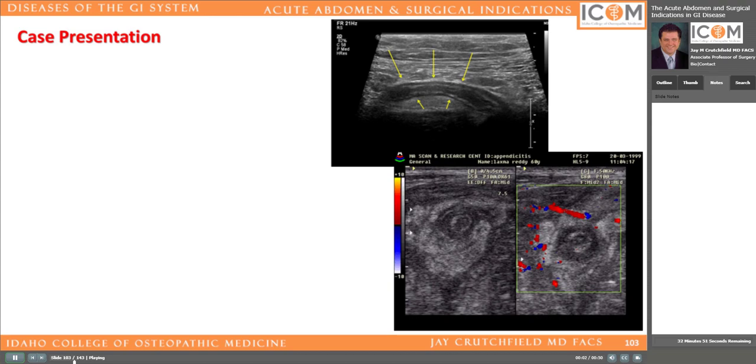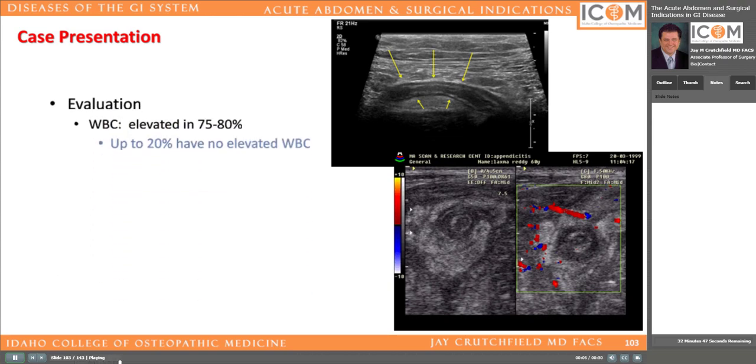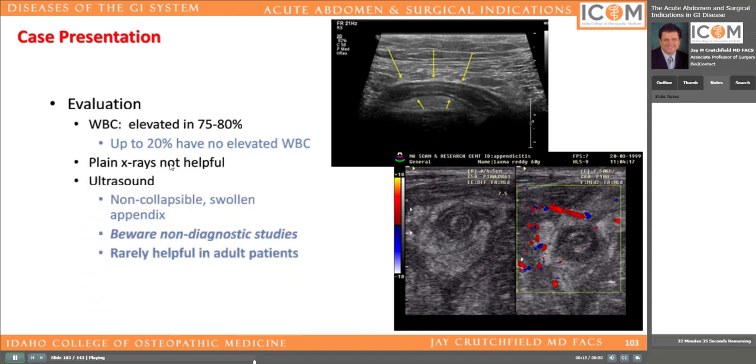In our evaluation of a patient who presents with possible appendicitis, the white count is elevated in 75 to 80%. However, up to 20% will have a normal white count with a normal differential. Plain x-rays are not helpful at all. Ultrasound is supposed to be predictive if the appendix measures greater than 6 millimeters across, and if the appendix is non-collapsible, swollen, surrounded by edema.